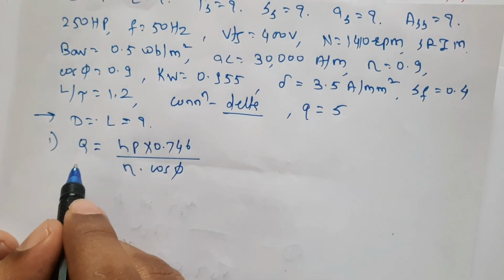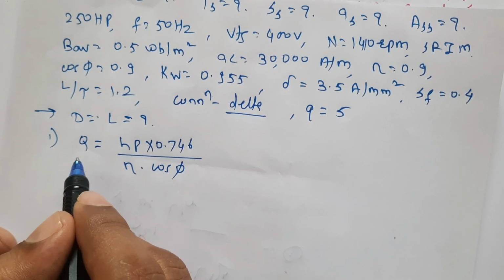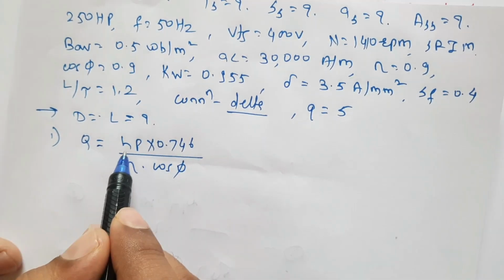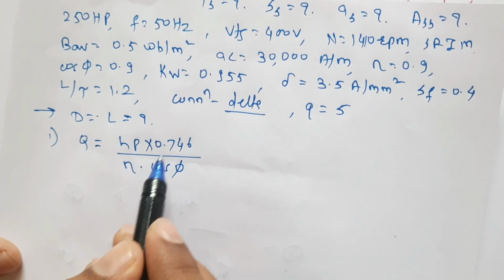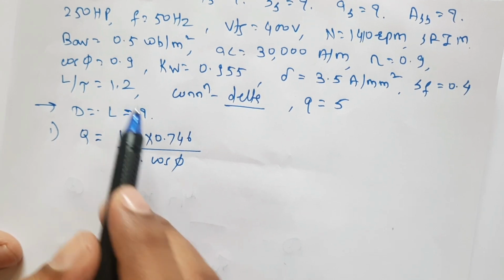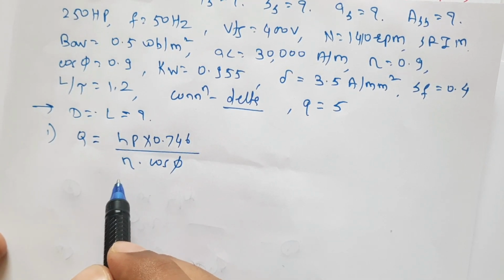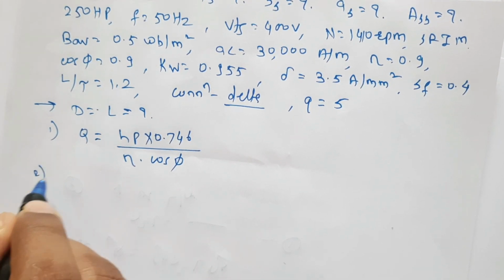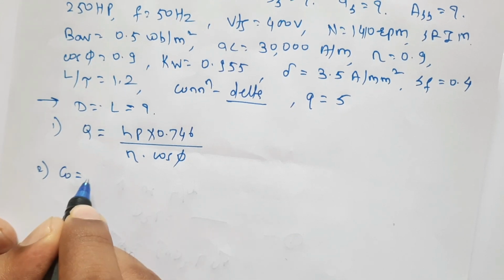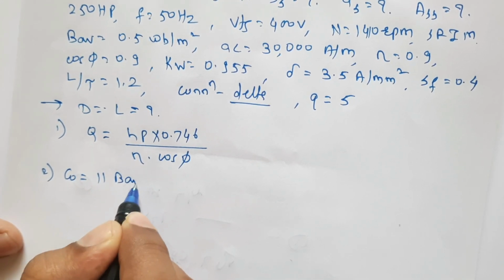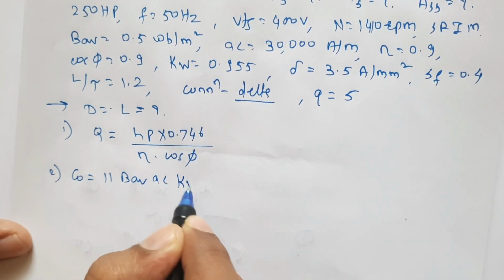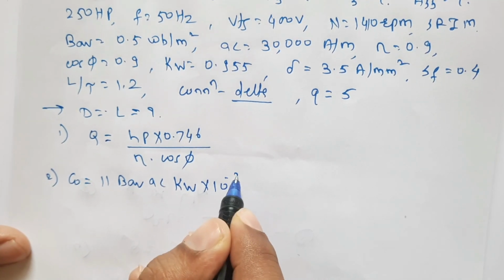So Q is equal to 250 into 0.746 divided by efficiency and cos phi, given 0.9.